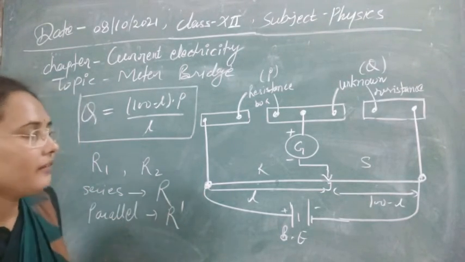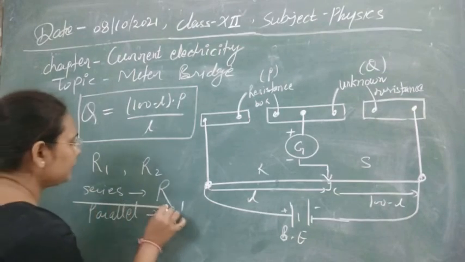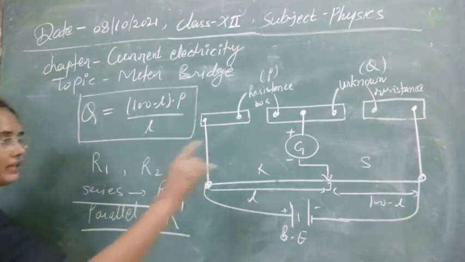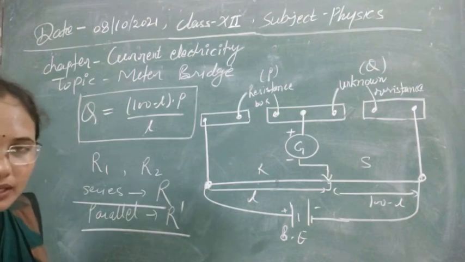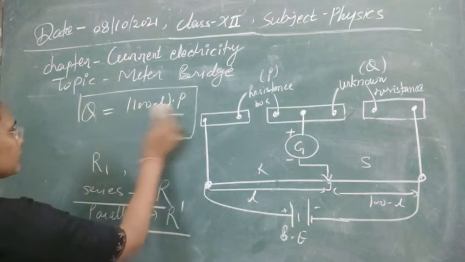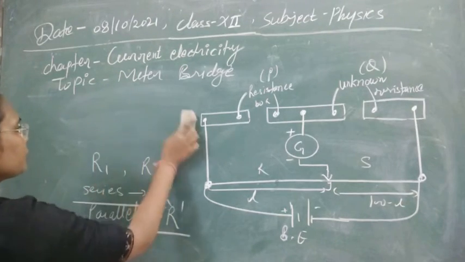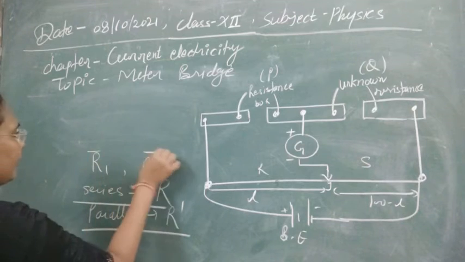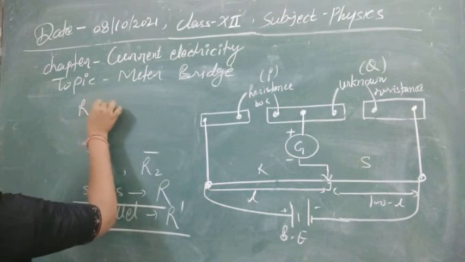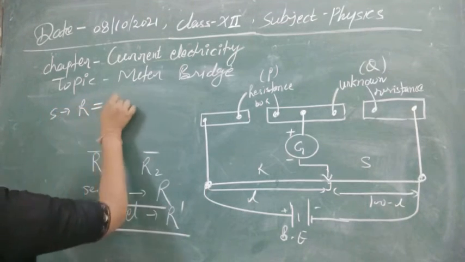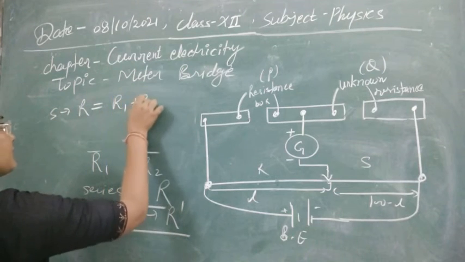So to verify the law, this is the experimental value that we have got from the experiment. Now, from theory, how can you get this value? Use theory: we have the two values R1 and R2, and we know for the series combination R should be equal to R1 plus R2.